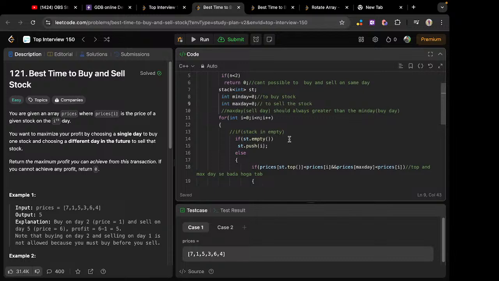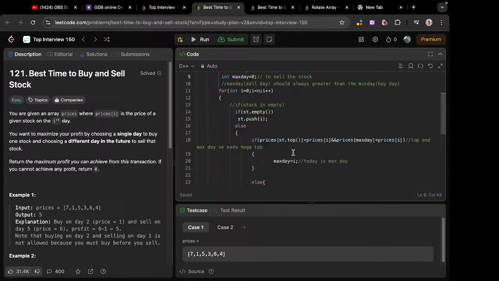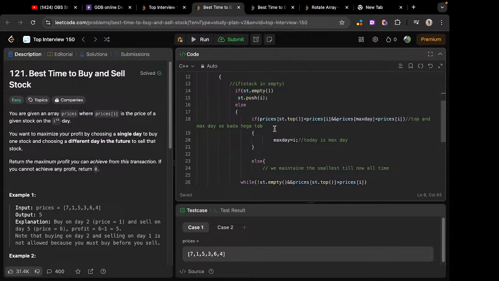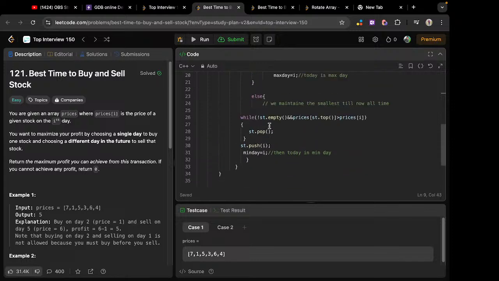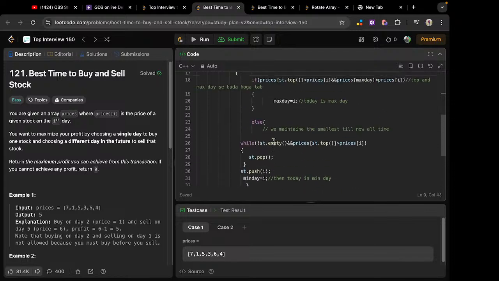The stack is inputted, then I will proceed in the stack, and if the stack top price is greater than the price on the next day, it is less than the price at the top. I have to solve it after something.